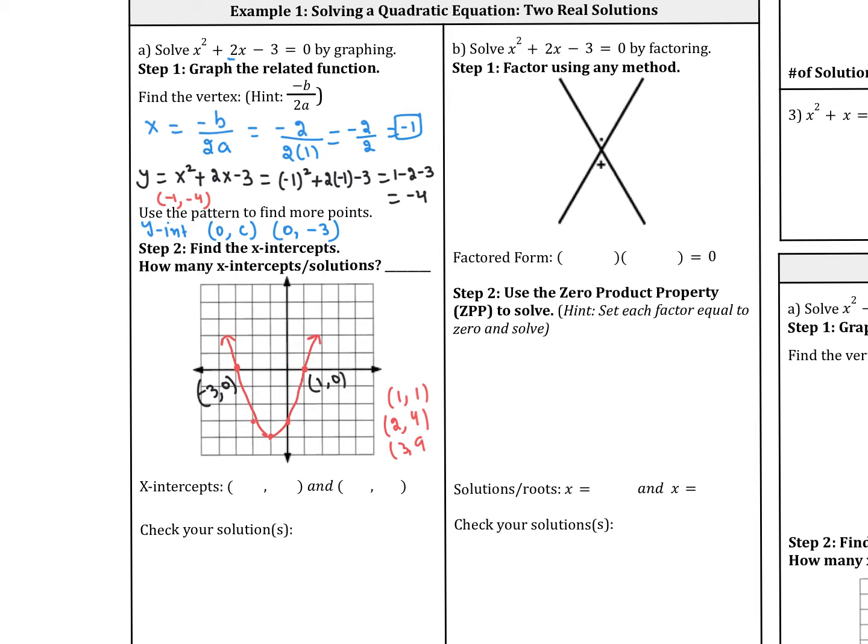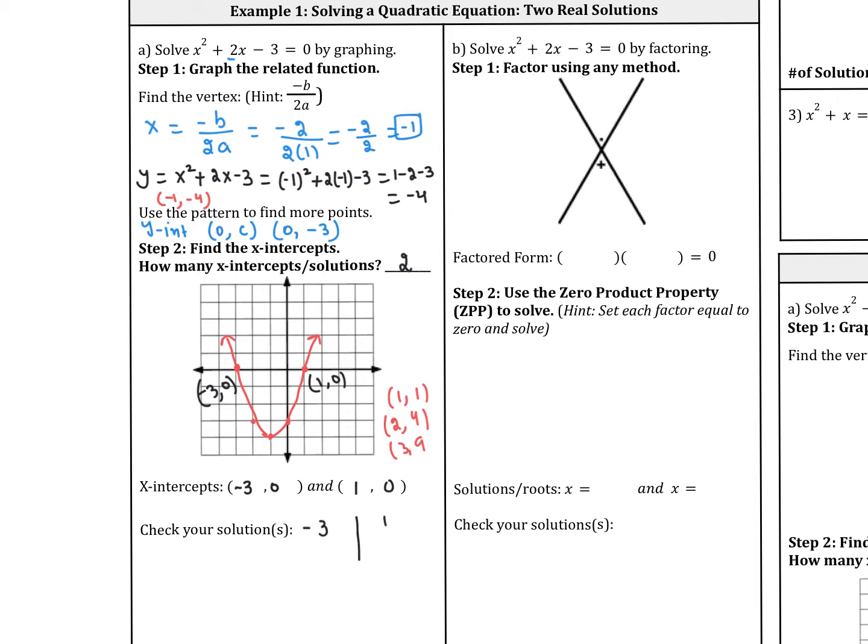So I see that there are two x-intercepts, negative 3 comma 0 and 1 comma 0. The number of intercepts, or solutions, is 2. X-intercepts are also called solutions. So now we have two solutions: one solution is negative 3 and the other solution is 1.